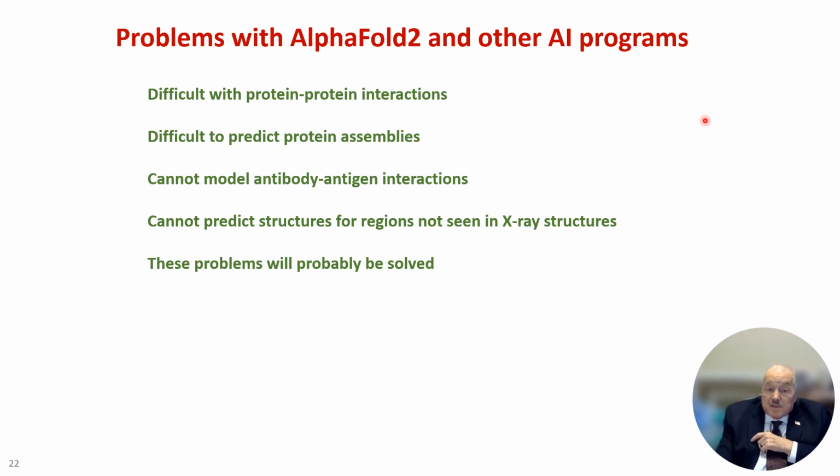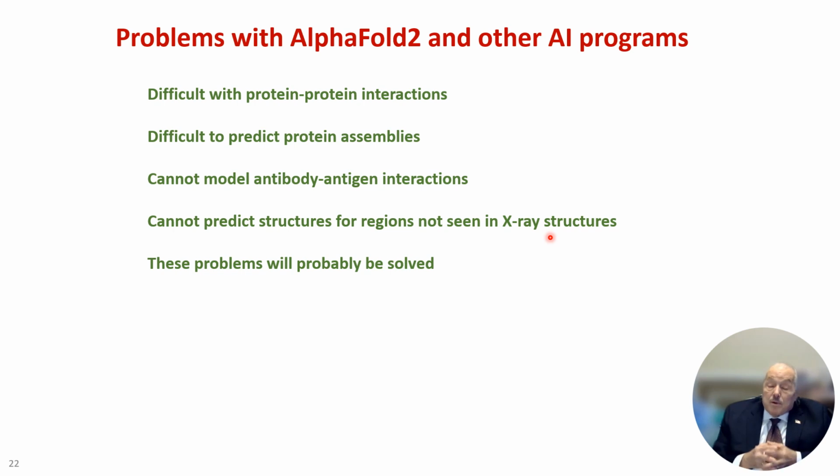The programs do have some problems, just in case you're an AI type of person who loves this. I find the literature pretty intimidating to try to look at, but the programs still have trouble with protein-protein bindings. They haven't been good at predicting that, or protein assemblies. This was a real disappointing one.